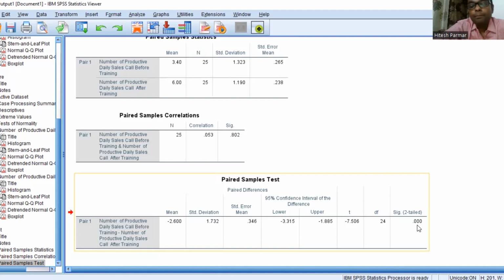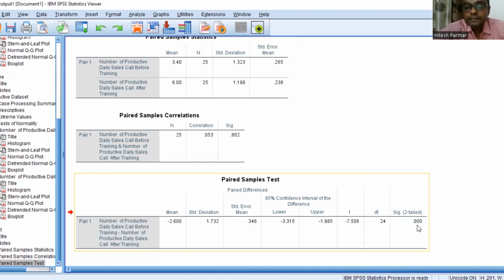A P value less than 0.05 indicates a significant difference, not necessarily improvement.